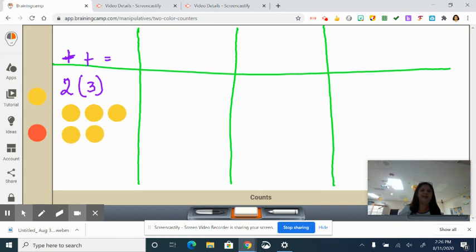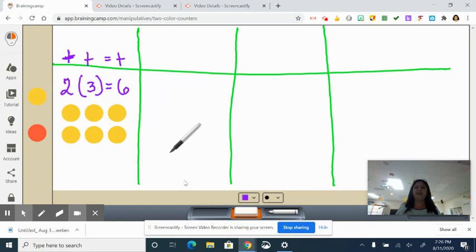These are both positive. My groups are positive, and my tokens are positive. My counters are positive. So what do I end up with? Positive 6, right? So I end up with a positive. So this is same basic stuff.